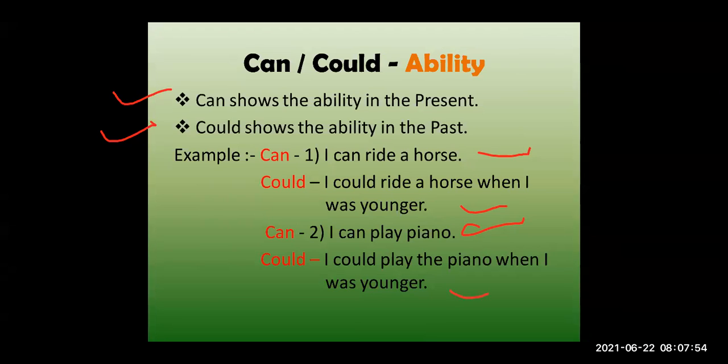Now I have become old, I cannot play now. So when I was young, I could play the piano. This is the first modal auxiliary we have seen, can and could, which talks about skill or ability. Let's move towards the next modal auxiliary.